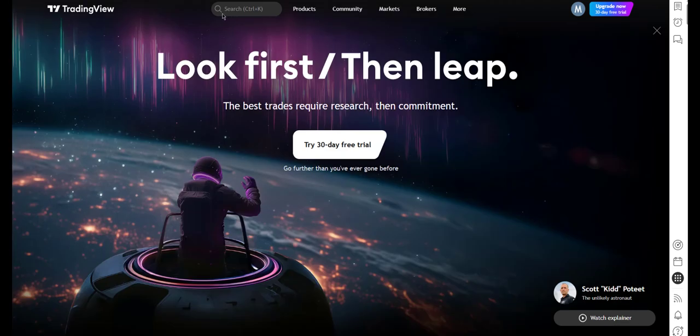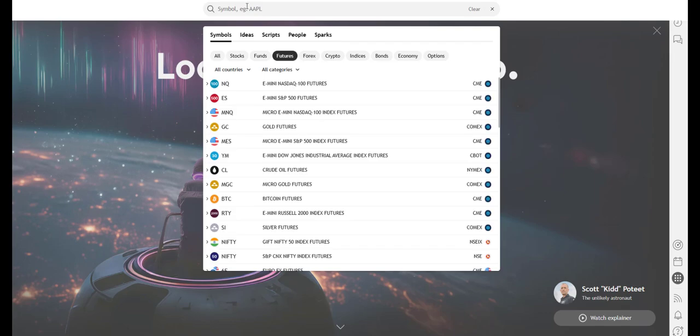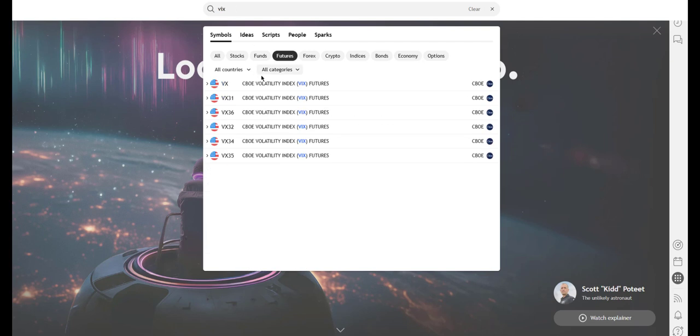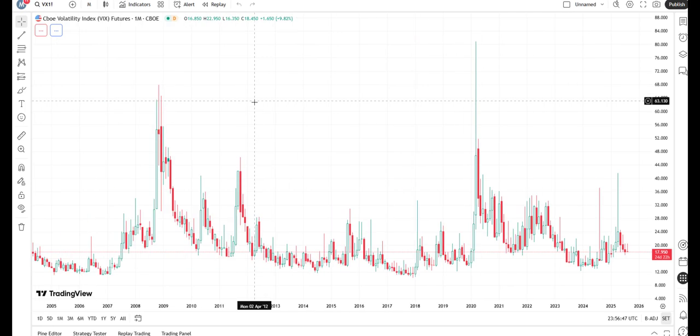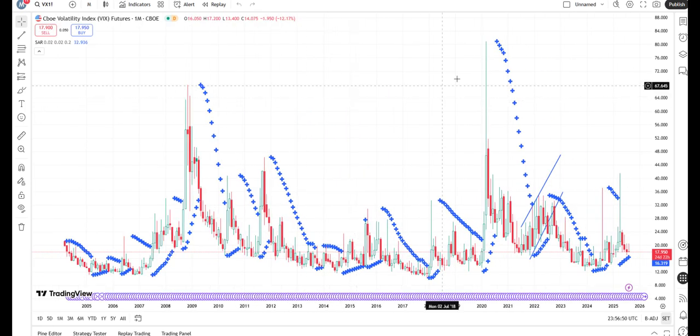We also discussed that looking at the VIX, yearly VIX spike may have been done for this year. There has to be some reason. If you look at the VIX, we talked about this VIX.